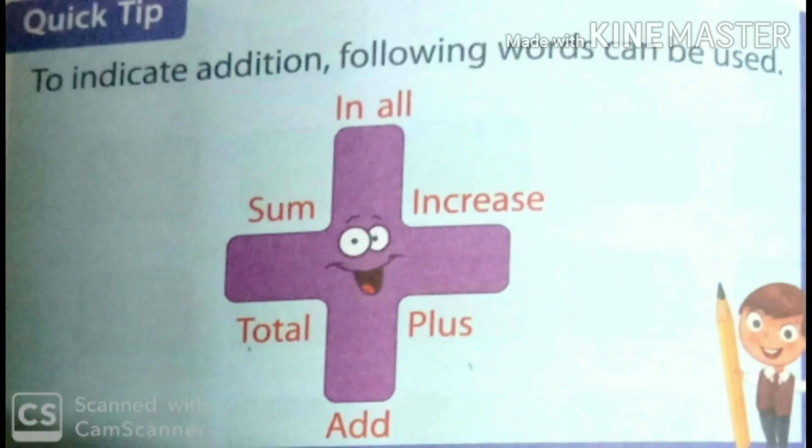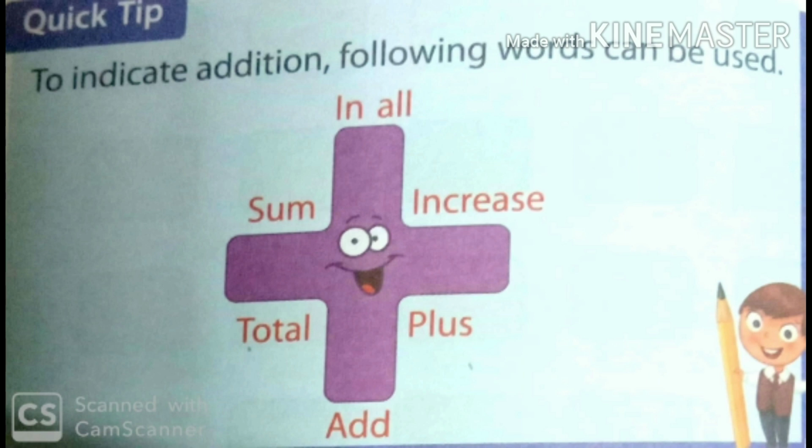The sign of addition indicates what? Look at this picture very carefully. To indicate addition, the following words can be used. What are the words?